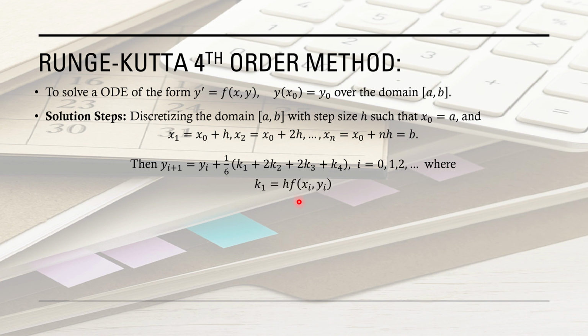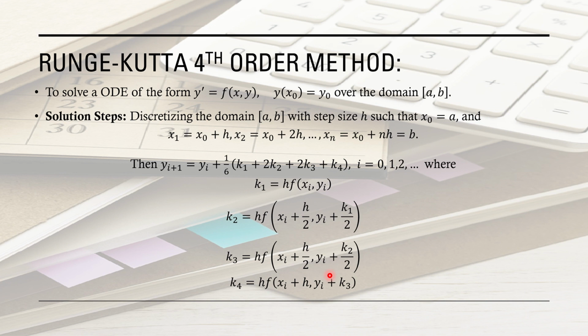So k1 is simply h times f of xi, yi. K2 is given as h f of xi plus h by 2. We are basically adding a half step to x, and half of k1 to y. So we take h f of xi plus h by 2, yi plus k1 by 2, and k3 is equal to h f of xi plus h by 2, yi plus k2 by 2.